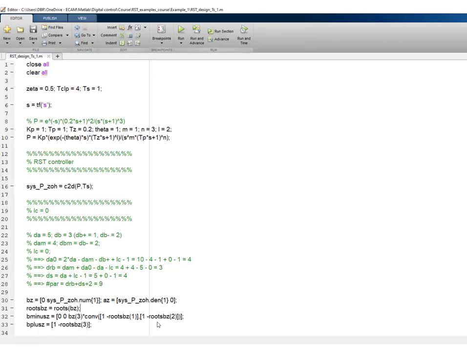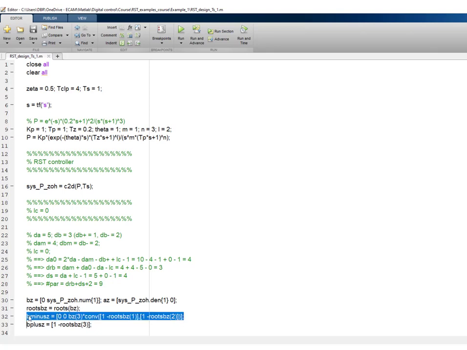If you look at the code, B plus is monic, so it's Z minus the third root, and B minus is Z minus the first root times Z minus the second root, but we have to adapt.